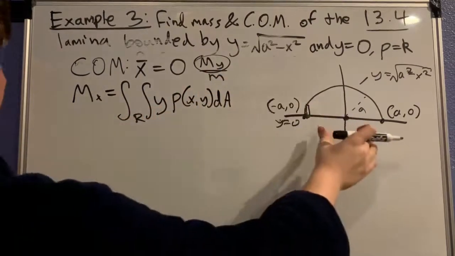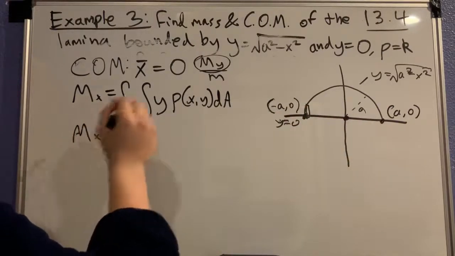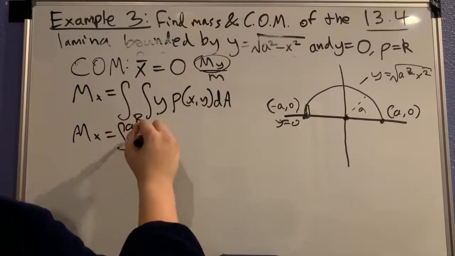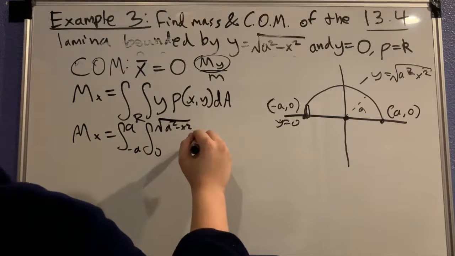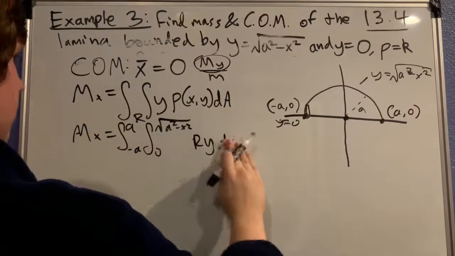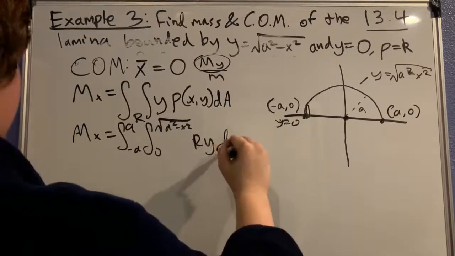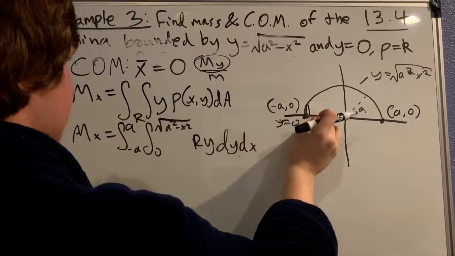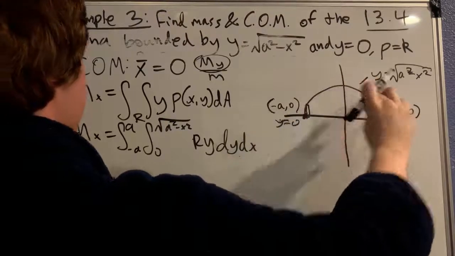We'll do the same exact thing as finding the mass, just adding this little y here. So it would be from negative a to a, from 0 to the square root of a squared minus x squared, of ky dA, or ky dy dx, because we're taking little dx's and finding dy's along the whole thing.